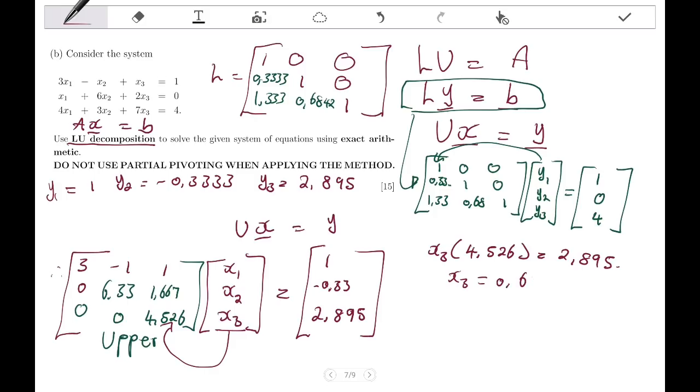Then you do the very same process for x2. For x2, the multiplier is going to be this number here at the middle, and then for x3 it's going to be this one. And then when you do the same, you're going to get your x2 as equals to minus 0.2210, and then your x1 is equals to 0.04647. That's your x1. Therefore you are done.